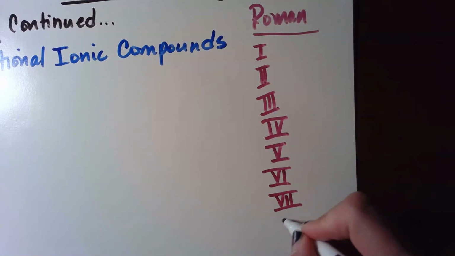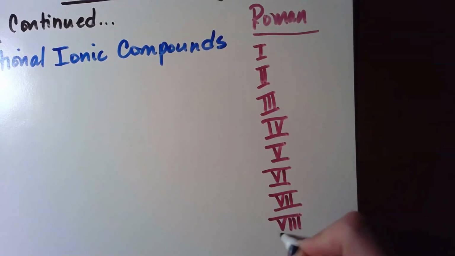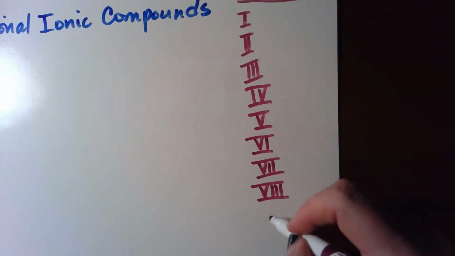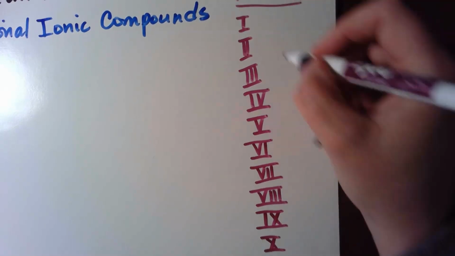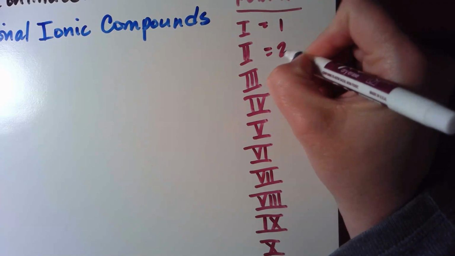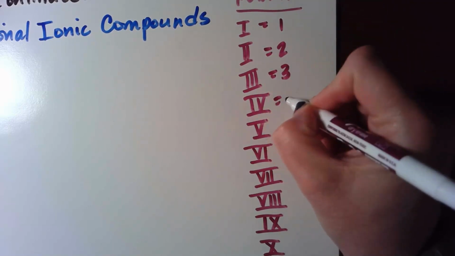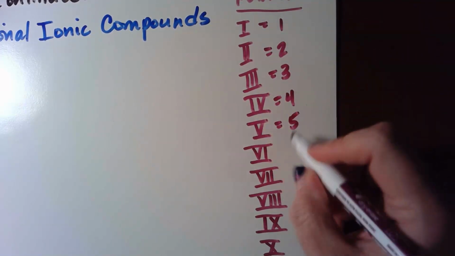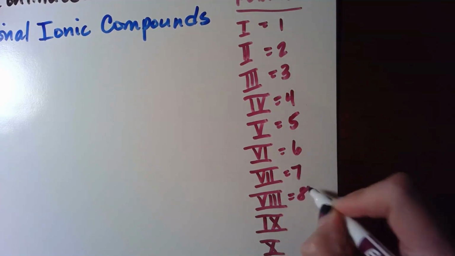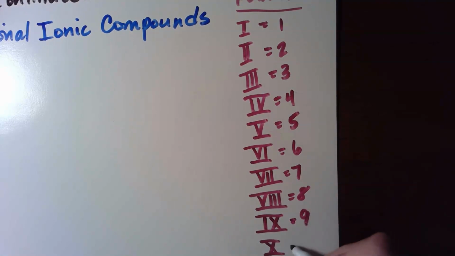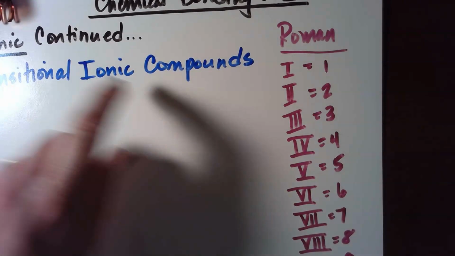And then, of course, you get to 8, which is VIII. And then IX is 9. And then X is 10. So hopefully you remember these. If you don't, hopefully you'll have this written down somewhere so that you don't forget. All right, and because these are going to be used for all of our transitional ionic compounds, or some people just call them transition compounds.